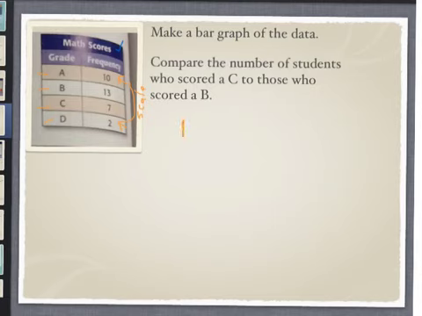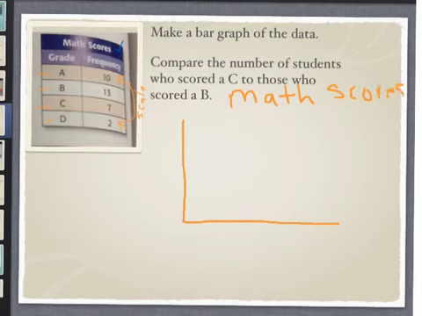All right, so I am going to make a vertical and a horizontal axis. I'm going to name my chart Math Scores. And these are going to be my grades here. And our frequency.